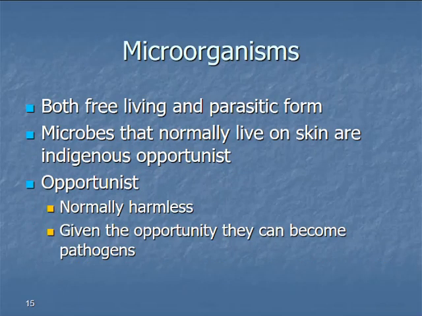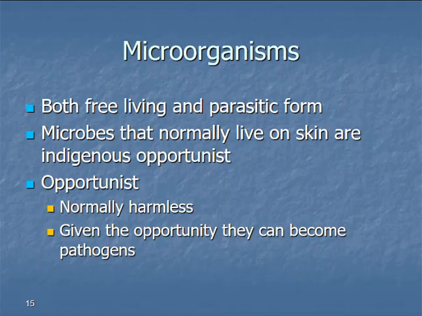Let's go a little bit more and talk about some of the different things about microorganisms in general. So we've got microorganisms, both free-living and parasitic. Microorganisms, we've got them on us all the time. So we've got them on our skin, we've got them in our intestine, we've got them in our airways. Many of these are good. Some of them are neither good nor bad.